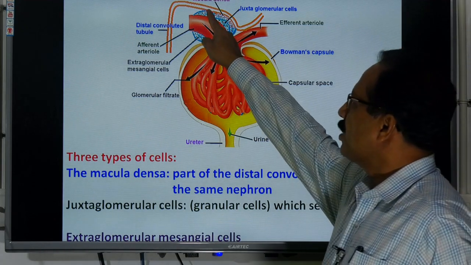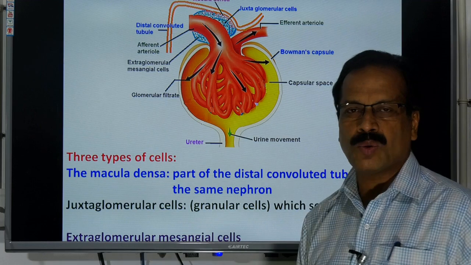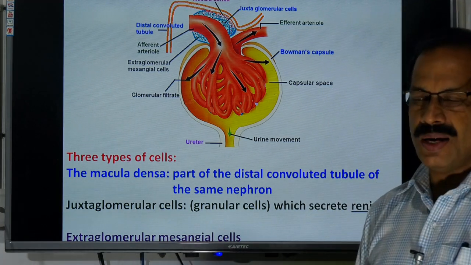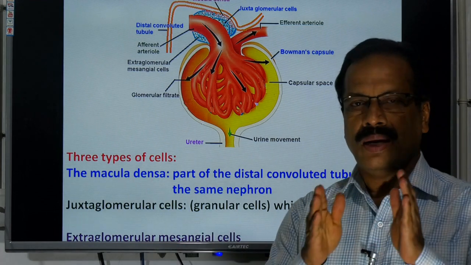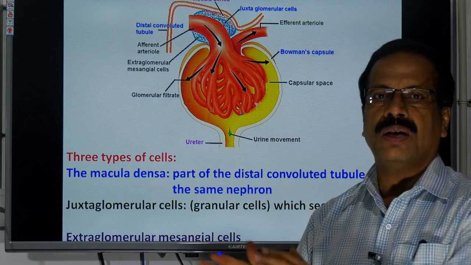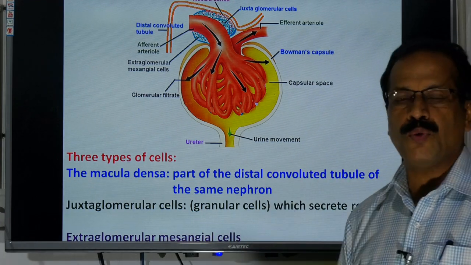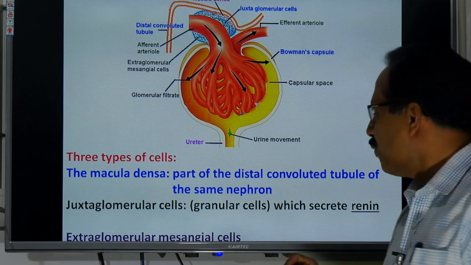In the distal convoluted tubule part, the cells got modified and they are known as macula densa. So the distal convoluted tubule starts from the macula densa, and the juxtaglomerular apparatus, through the renin, angiotensin, aldosterone system, the RAS system, controls the flow of blood through the glomerulus as well as the rate of glomerular filtration.